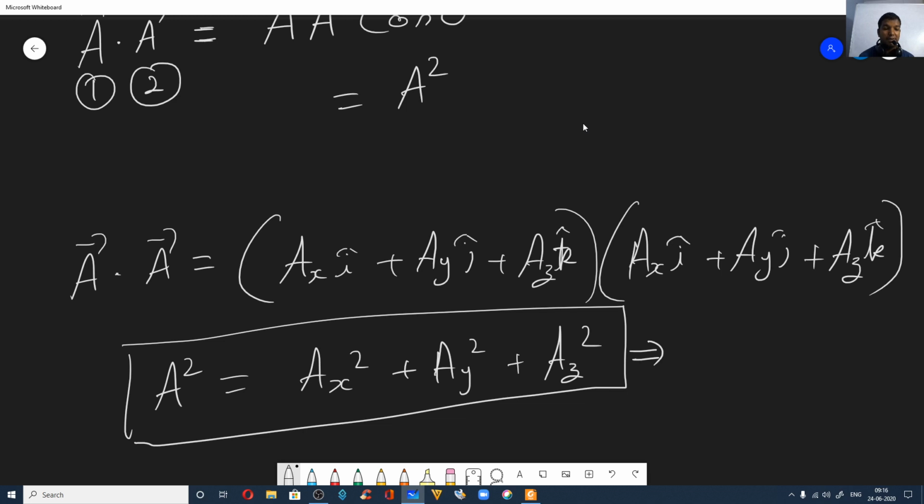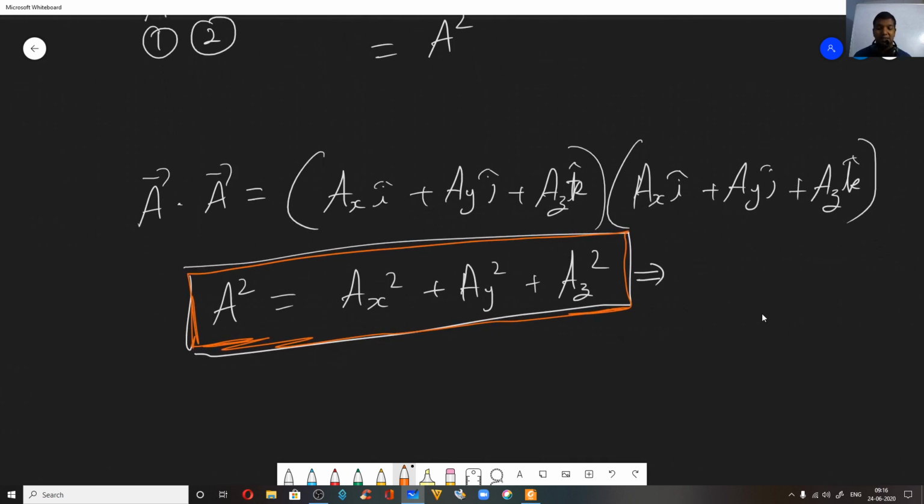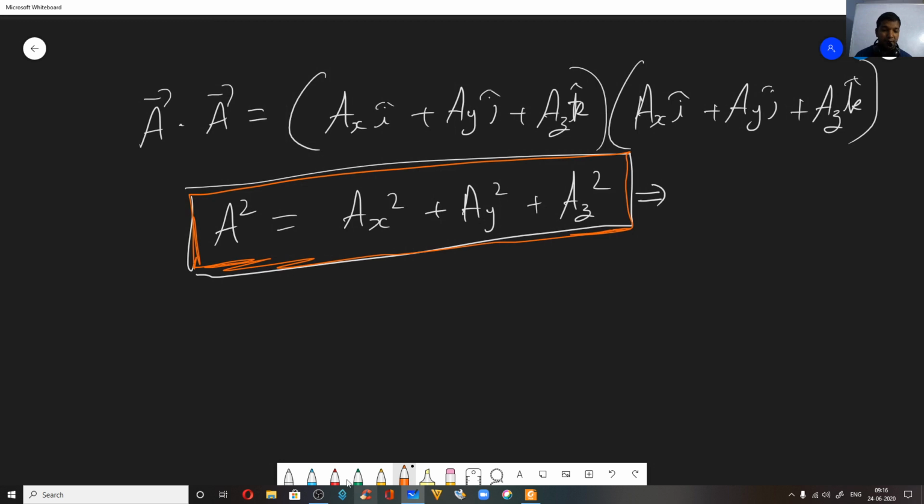If you split vector a into three components, ax, ay and az, along the x axis, y axis and z axis, this condition will always be true. All right, fine. So this is about getting the scalar product if you have two vectors in Cartesian form. Better to write it once in your notes.